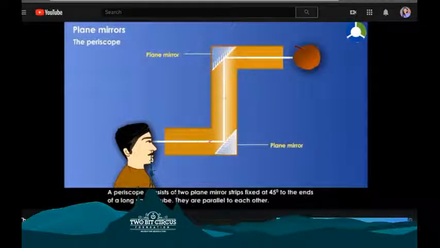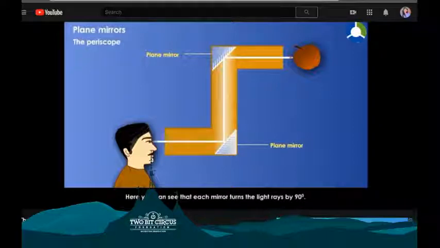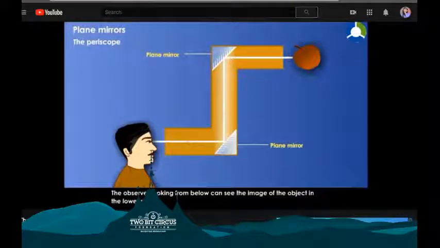A periscope consists of two plane mirror strips fixed at 45 degrees to the ends of a long, narrow tube. They are parallel to each other. Here you can see that each mirror turns the light rays by 90 degrees. The observer looking from below can see the image of the object in the lower mirror.